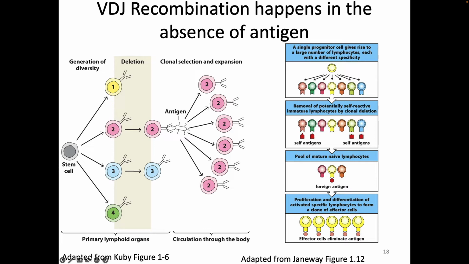We make sure that that cell is not going to go into the rest of the body to lead to autoimmunity. So here you can see we made this big diversity of potential cells, and then we test them, and we only let the ones that did not bind self out of the bone marrow, where they can further look for antigens.